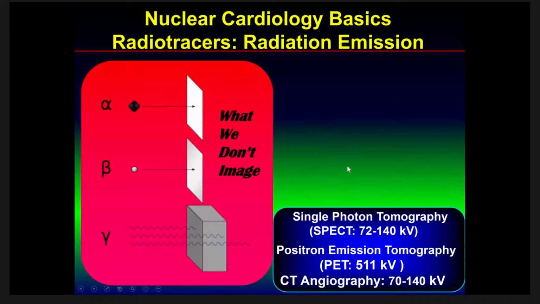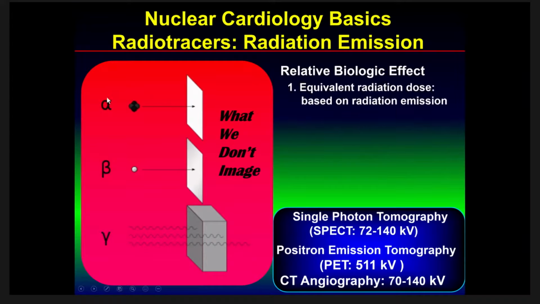The other important thing to recognize about radiotracers is their biologic effects. And of course, there are several different ways of looking at this: equivalent radiation dose, which is based on the radiation emitter. And we know that alpha particles, as we talked about, can be stopped by a sheet of paper, but they also have a tremendous adverse effect.